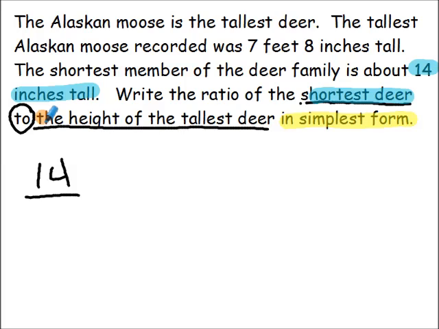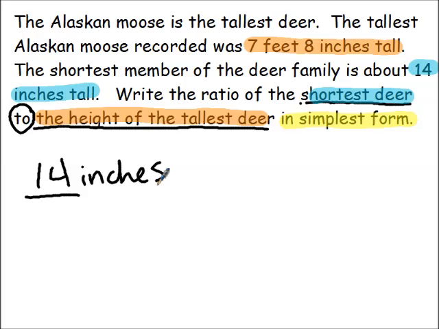And the height of the tallest deer was 7 feet 8 inches tall. Now in order to compare these, we have to have them in the same units. So we have 14 inches, and we can convert those 7 feet into inches and then add them to the 8 inches that are already given to us.